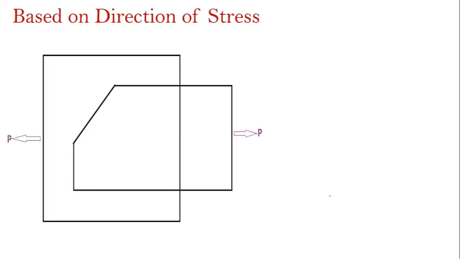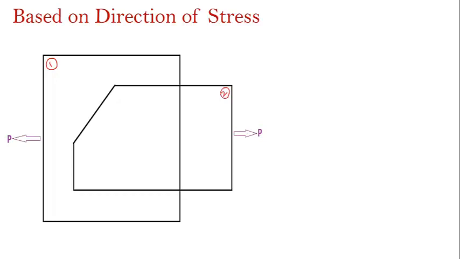The next classification is based on the direction of stress, or the load which you are applying. We have three different categories. Now you have two different plates. Consider this as plate 1 and this as plate 2, and these two plates are overlapped with each other.